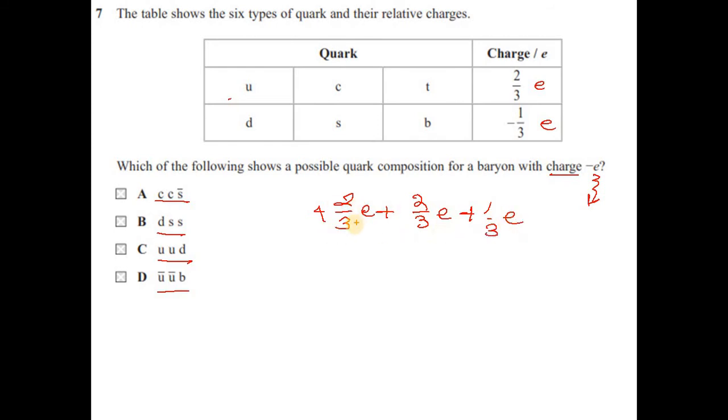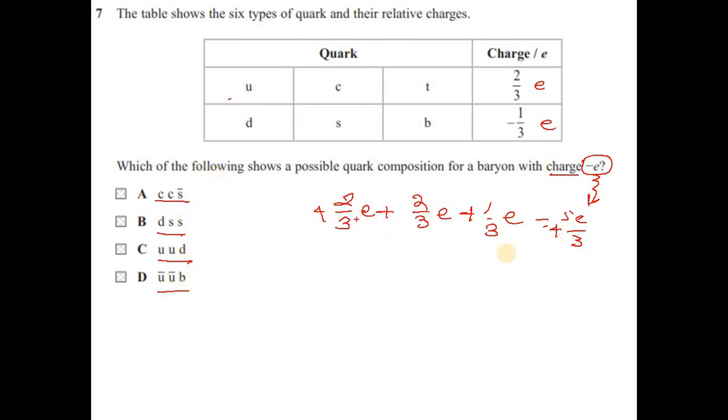Clearly you have a positive number. That means your charge would be 5e by 3. You need charge minus e, but it is positive 5e by 3. And clearly U bar and B.